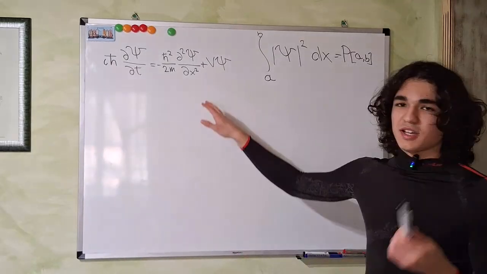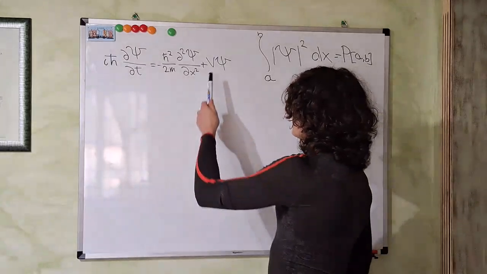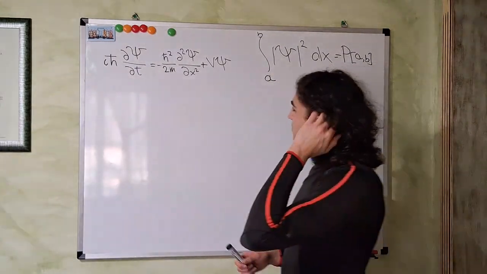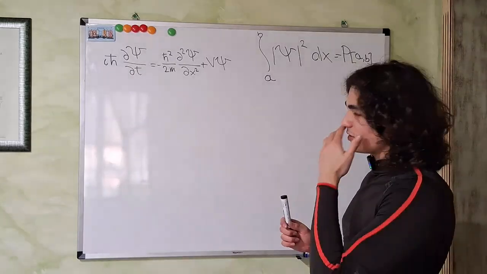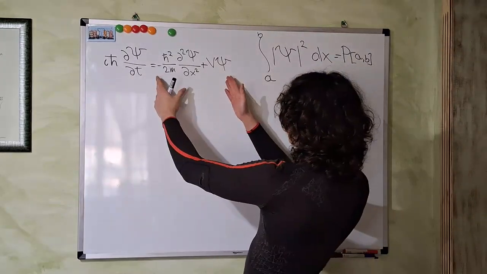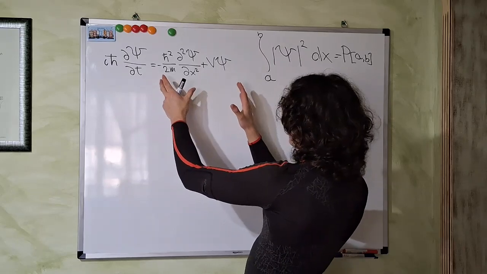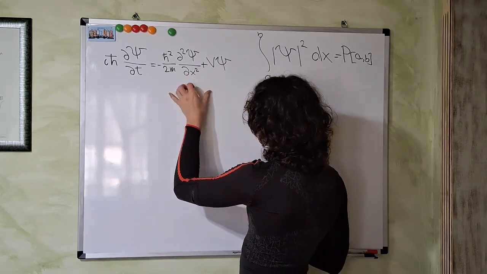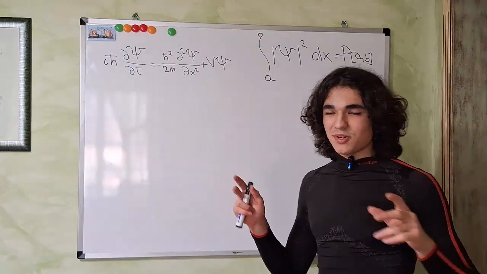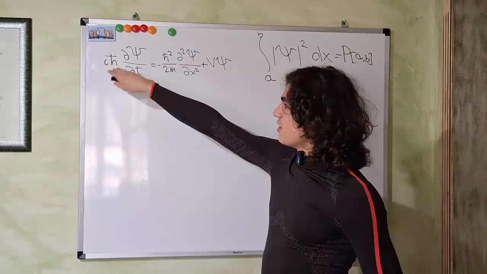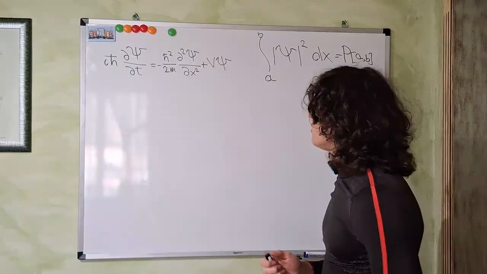And we know what potential is in classical terms, and this is our old potential. So this is an energy equation, but you'll discover it later on. This basically represents the energy operator on the wave function, which is the time derivative of the wave function times i h bar.